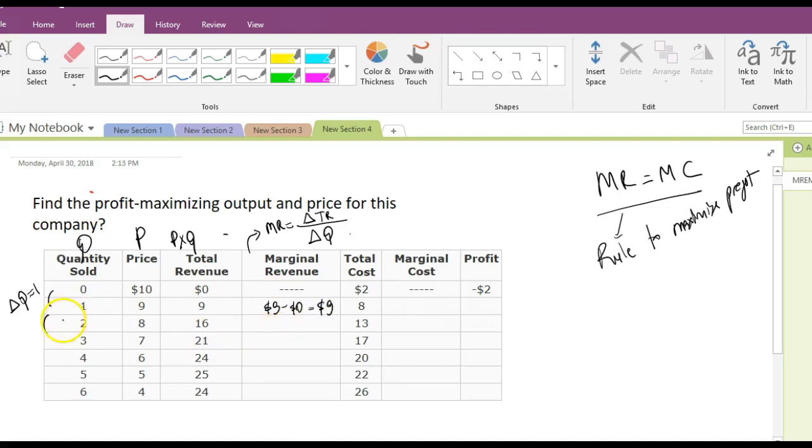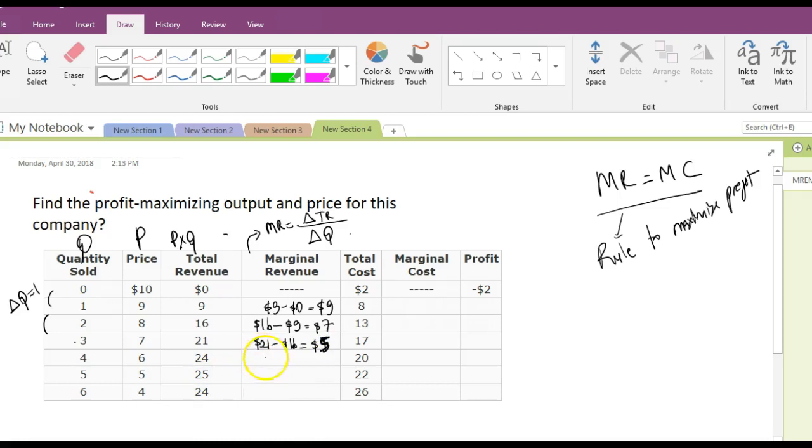If I increase my output by 1 more unit, revenues are going up by $7, so my marginal revenue will be $7. And if I produce 3 units of output, my marginal revenue will be equal to $5. So this is 21 minus 16, which is $5.